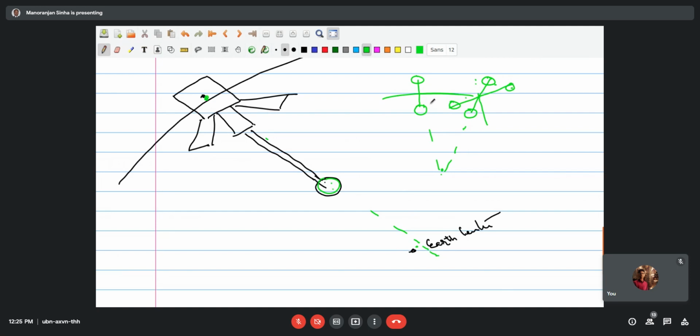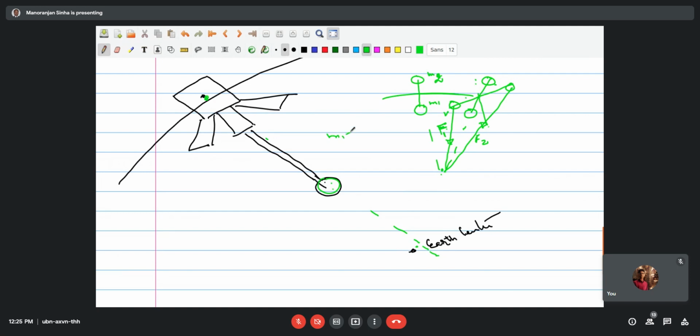So if this is M1 and this is M2, or say both are the same mass, the force acting on this will be F1 and on this will be F2.